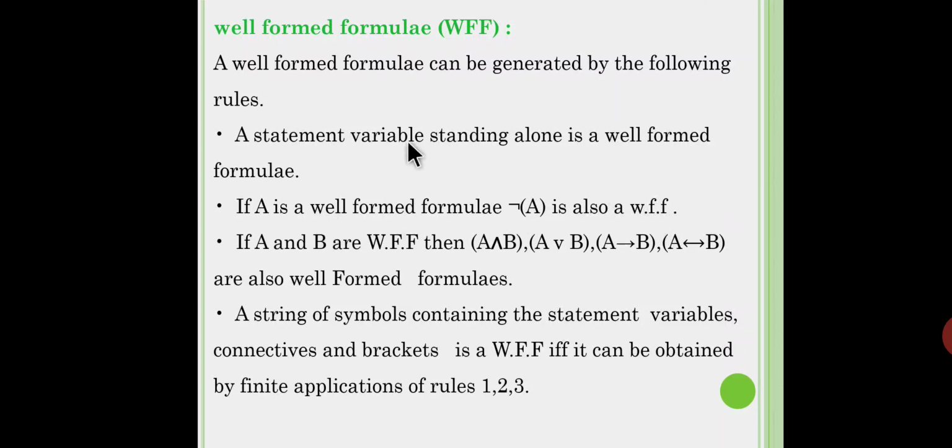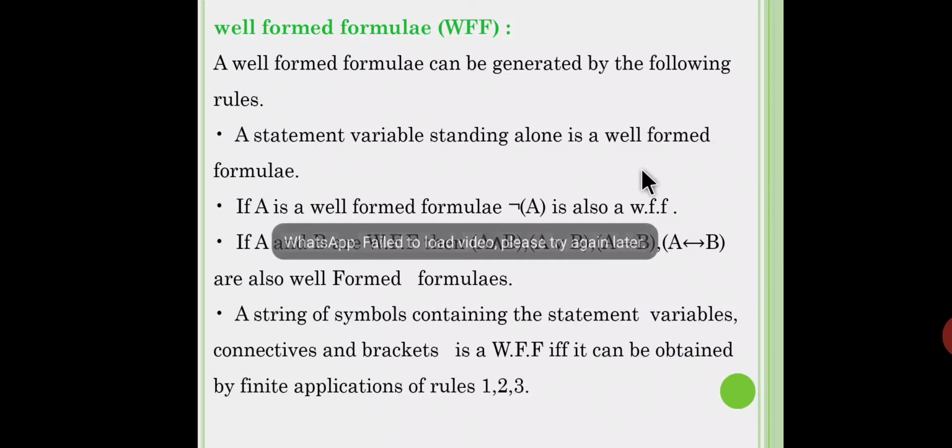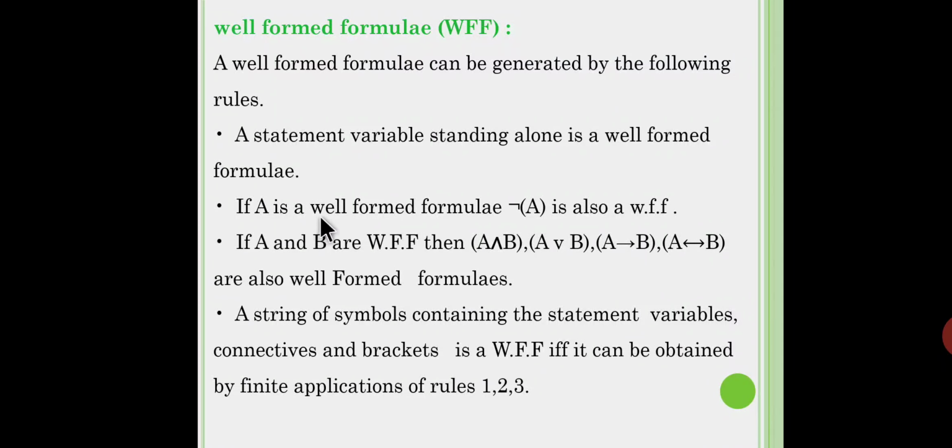Okay, so what is a well-formed formula? A statement variable standing alone is a well-formed formula. If A is a well-formed formula, negation of A is also a well-formed formula. If A and B are well-formed formulas, then A conjunction B, A disjunction B, A implication B and A biimplication B are also well-formed formulas.